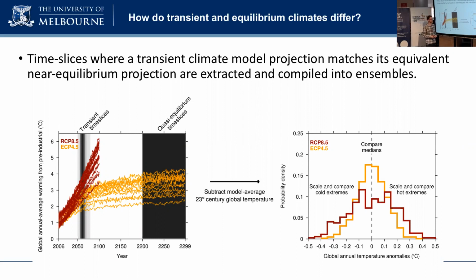I can show that the level of global warming isn't important in quantifying the difference between the transient and equilibrium climates, which allows me to subtract the global warming level and put the transient and the equilibrium ensembles just in anomaly space. So I'm able to have these two ensembles and compare them directly.